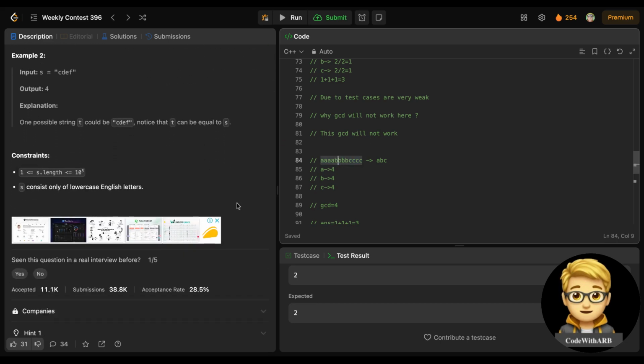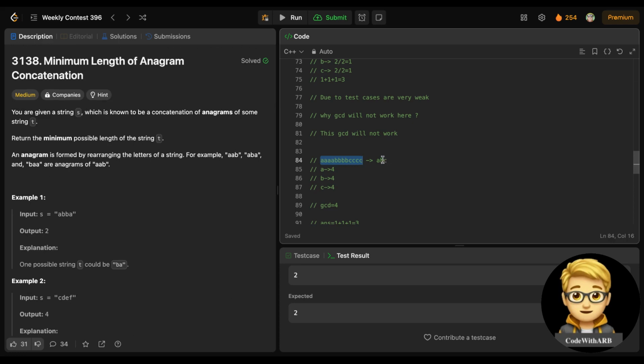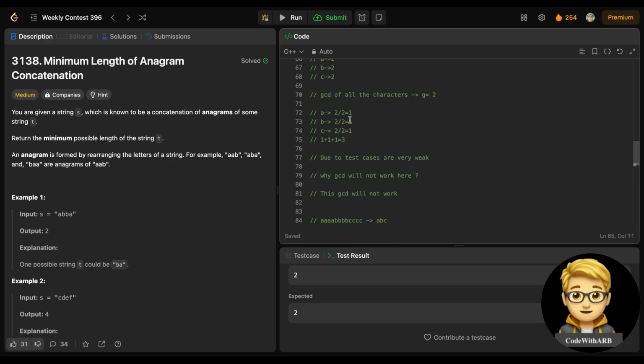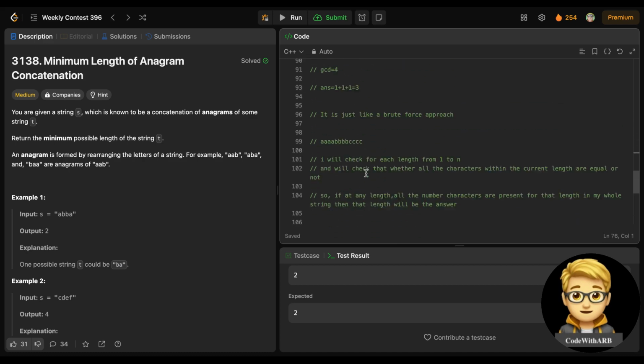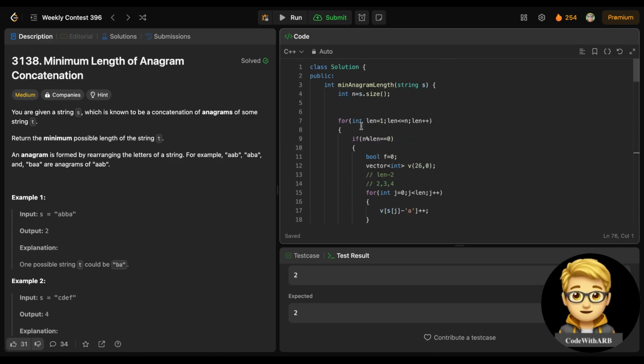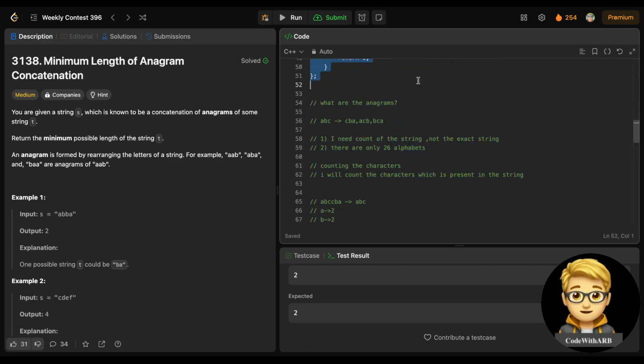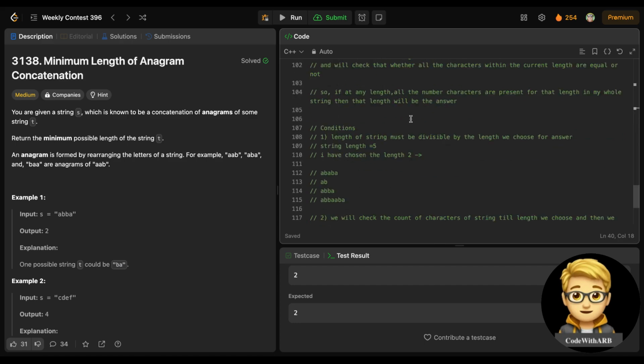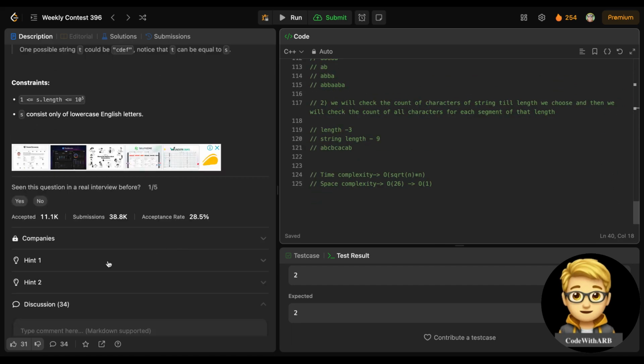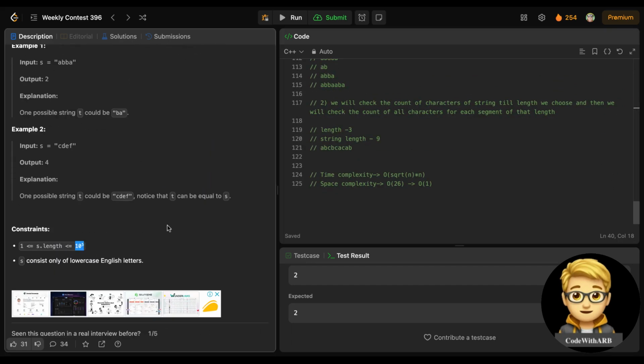But eventually, after adding test cases like ABC, or A B B B C C C, or A B C C C X S S, this type of strings, this GCD will not work, right? So this solution is the optimal one, I think. Because n root n is like 10 to the power 5 and 10 to the power 7, so something like 10 to the power 8, that should be acceptable, right?